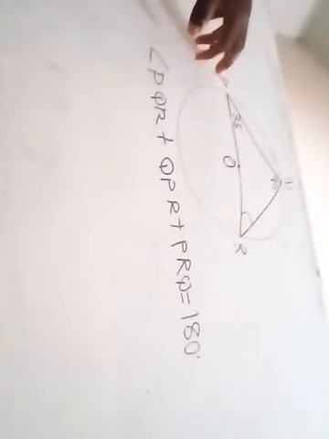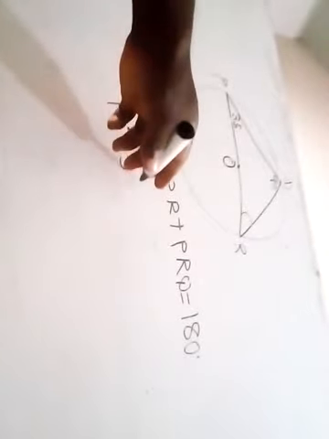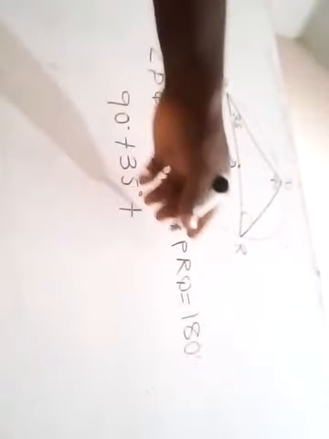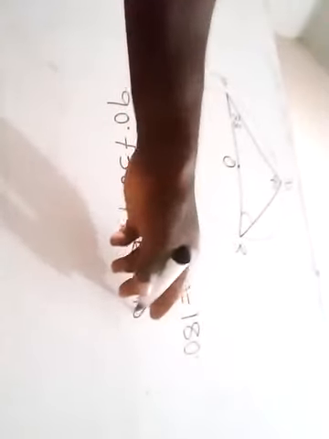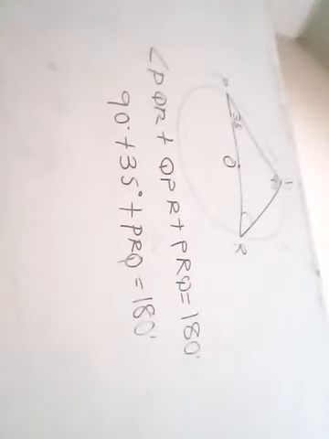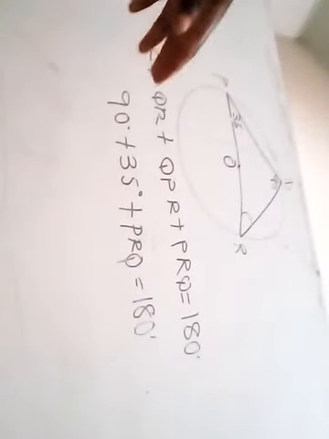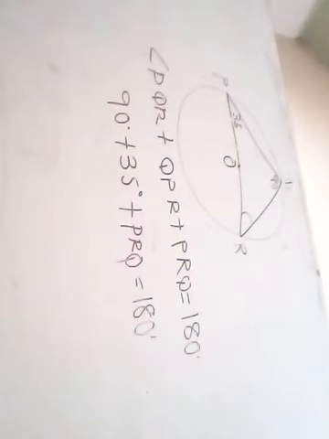Let me start from here. We know angle PQR is 90 degrees, and angle QPR is 35 degrees. We don't know angle PRQ. So the sum is equal to 180 degrees. Now we have to add and subtract. 90 plus 35 is 125.